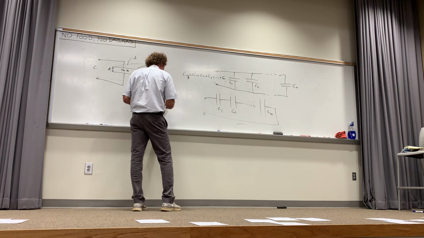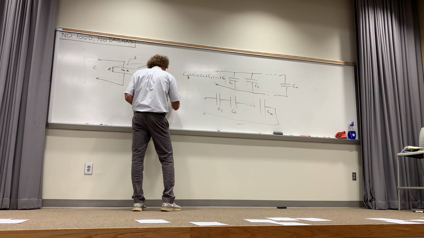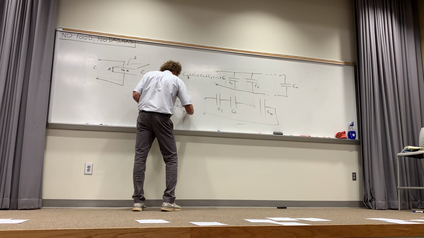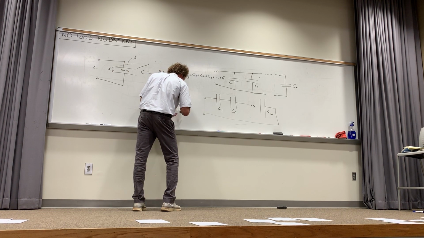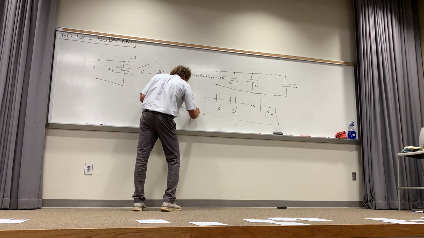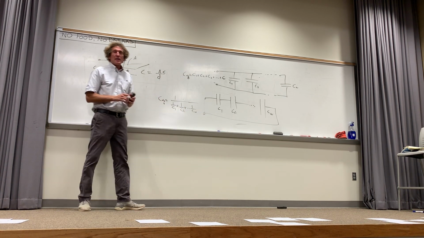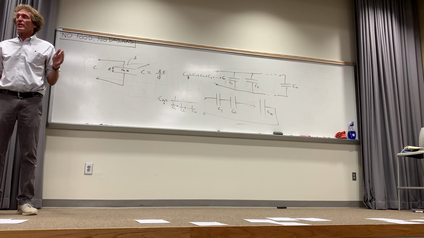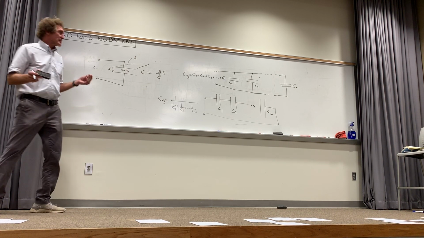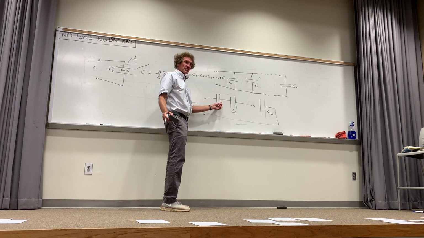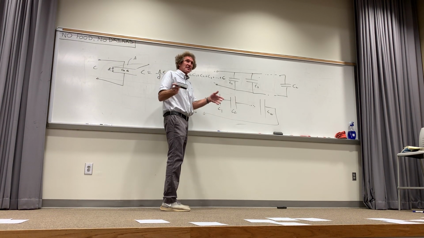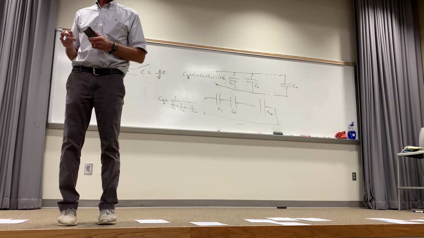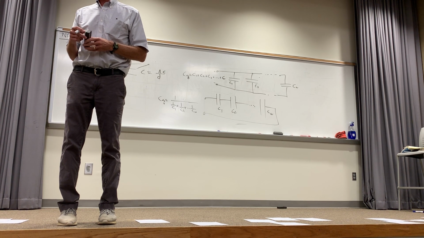The equivalent capacitance will be equal to 1 over C1 plus 1 over C2 plus dot, dot, dot, plus 1 over C of N. You all follow me on that? Now, what's really happening is this. Isn't the distance growing between these plates? This had a separation of D, and this has another D. It's not exact, but it's sort of like increasing the distance between the plates. That's how you add capacitors in series.